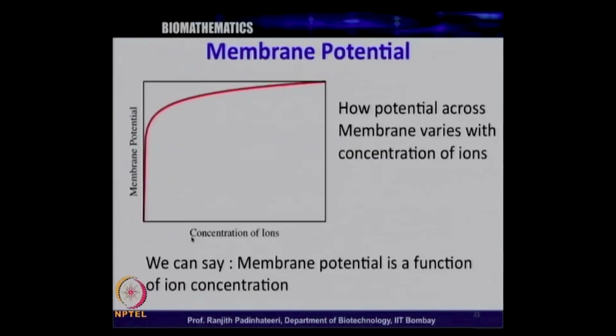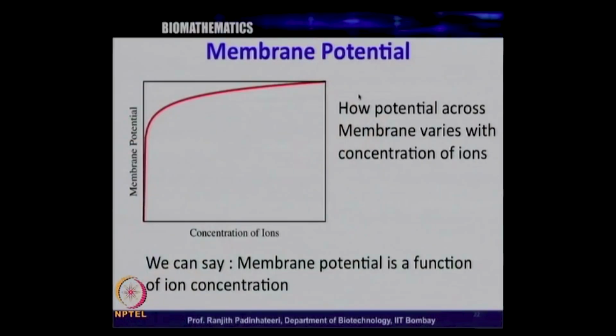Now let us look at the next example, the membrane potential. In this, we vary the concentration, and as we vary the concentration, the potential difference across the membrane increases. Looking at the graph, one can say that as we increase the concentration, the potential increases. Therefore, the membrane potential is a function of concentration of ions. The question is how the potential across the membrane varies.